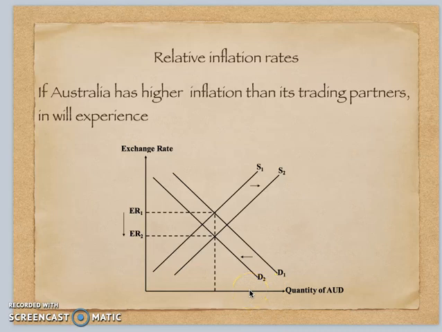In addition, there is an increase in demand for imports as overseas goods become relatively cheaper on the domestic markets. Hence, it will increase the supply of the Australian dollar and the supply curve shifts right, S1 to S2. The above two effects will result in a decrease in the value, ER1 to ER2.